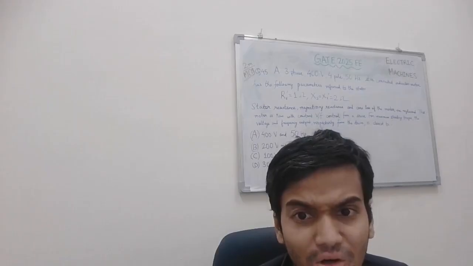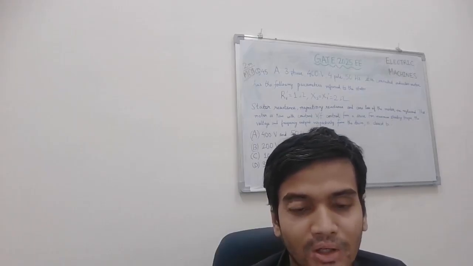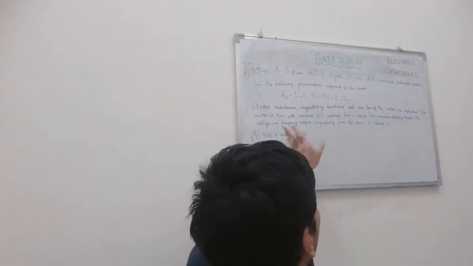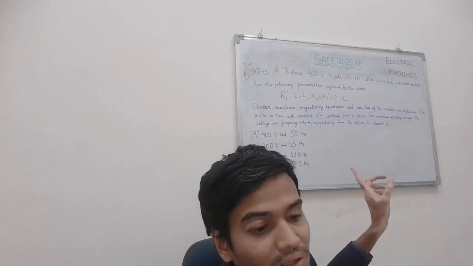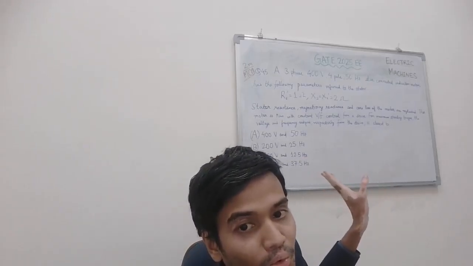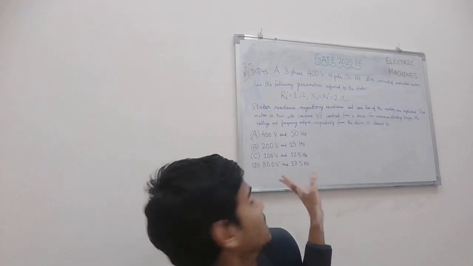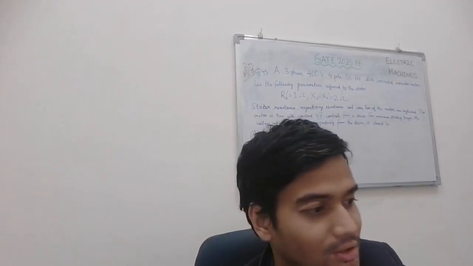For maximum starting torque, the voltage and frequency output from the drive is closest to. Options are: A, 400 volt and 50 Hz; B, 200 volt and 25 Hz; C, 100 volt and 12.5 Hz; D, 300 volt and 37.5 Hz. Let's move on to the solution.